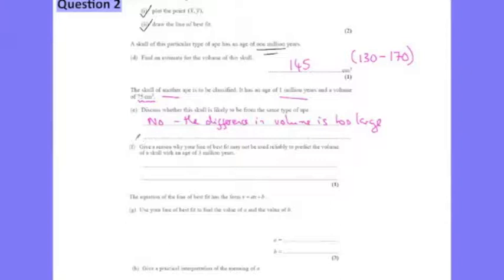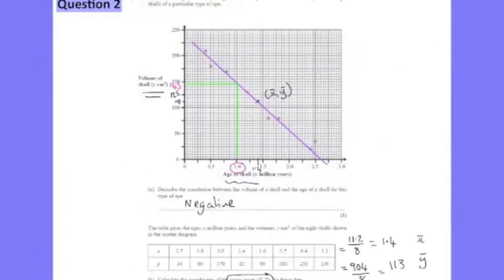We're then asked to give a reason why your line of best fit may not be used reliably to predict the volume of a skull with an age of 3 million years. So taking a look back here, 3 million years is here. Looking at our line, how can we predict 3 million when, if you extend our line, we are going to get a negative volume?